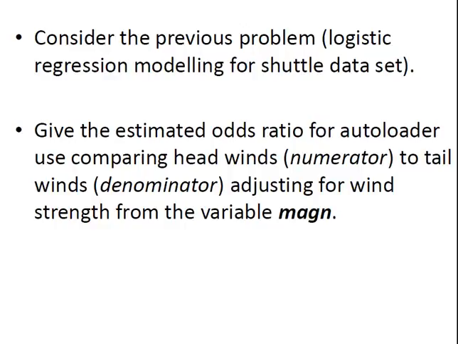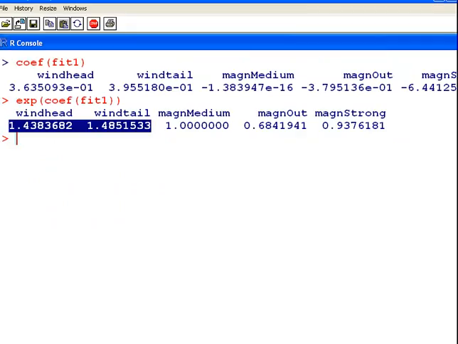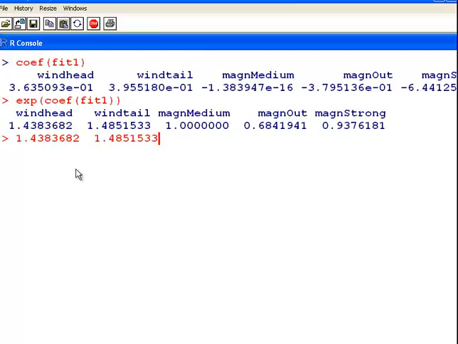So headwinds goes first, so it's essentially these two numbers, one divided by the other. So it's 0.96849. So it's probably 0.969685 is the correct answer. Okay, so that's the end of that.